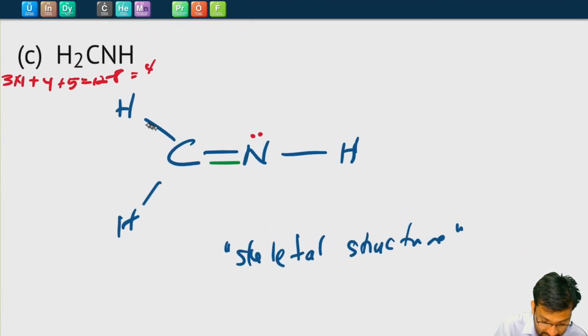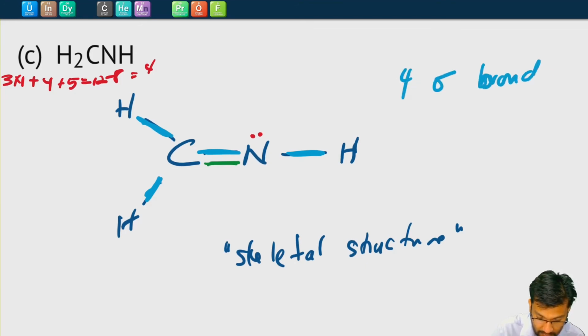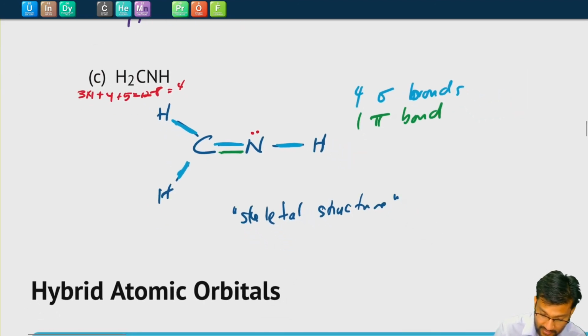Well, all the single bonds are sigma, 1, 2, 3, and the first bond here is also a sigma. So we have 4 sigma bonds. And then the second bond here in the double bond, that's 1 pi bond. So this is no longer a skeletal structure, this is the Lewis structure.